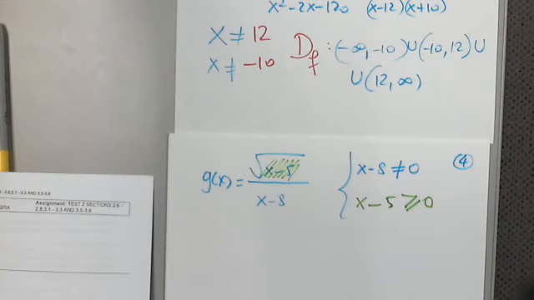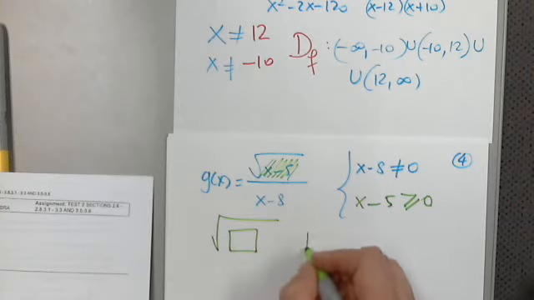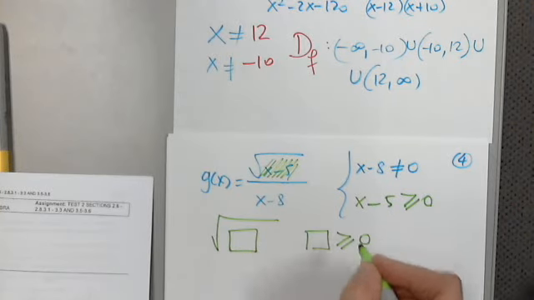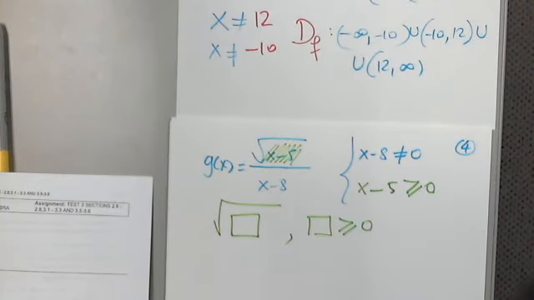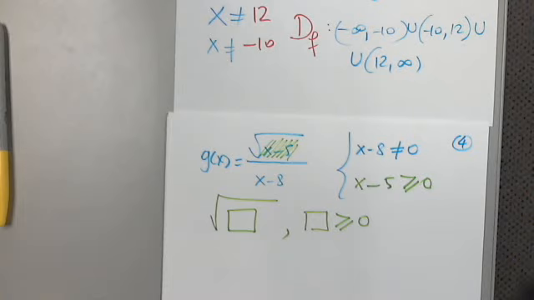This is true for any square root. The square root of any quantity, the quantity must be greater than or equal to 0. Very few of my students remember this. So it's the square root. It doesn't exist unless this quantity is positive or 0.